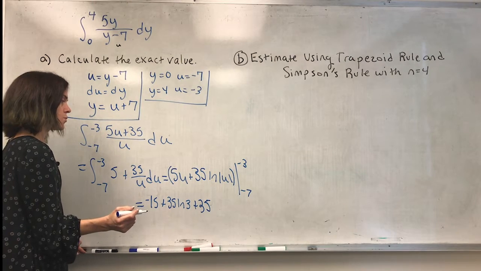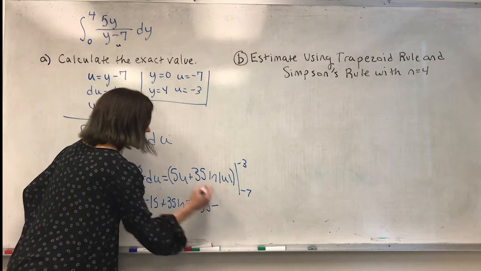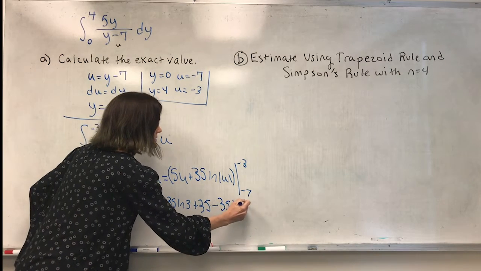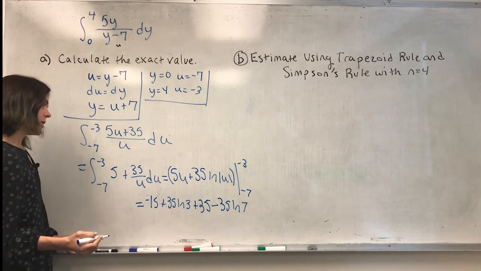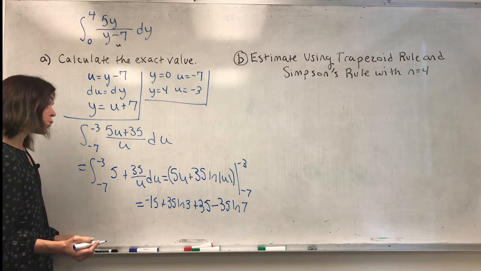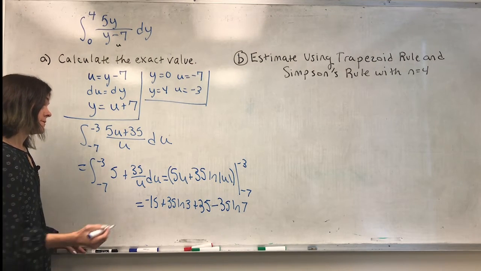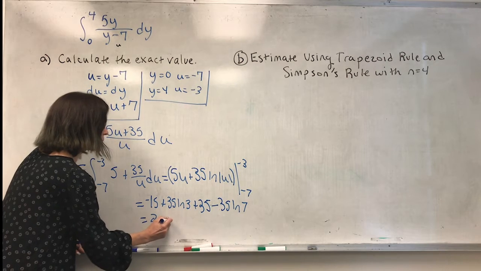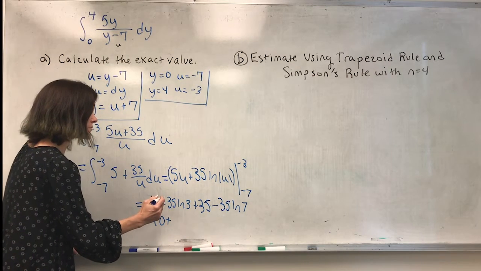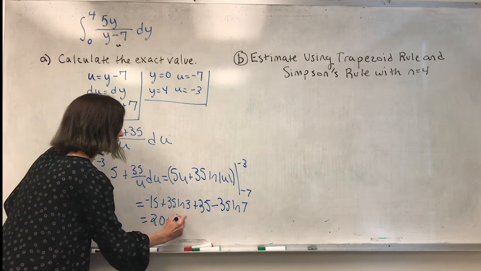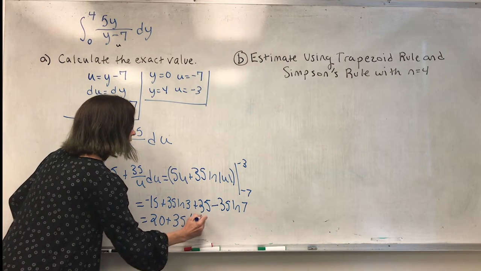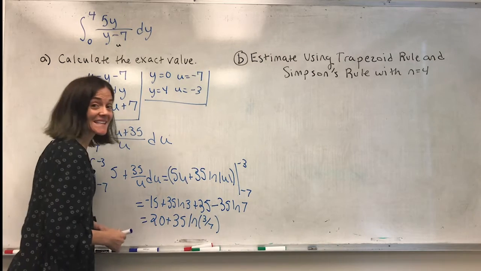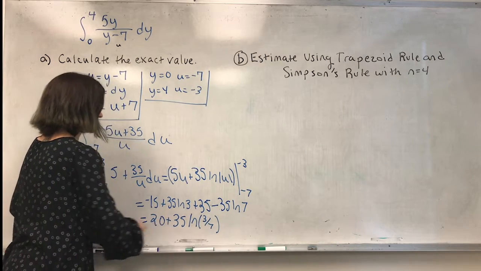And then we have minus 35 ln 7. And altogether this becomes 20 plus, if we use properties of logs, 35 ln (3 over 7). Okay? So this is my exact answer.